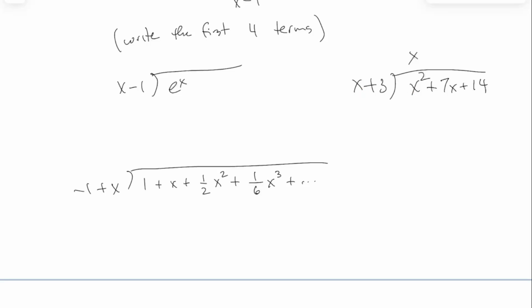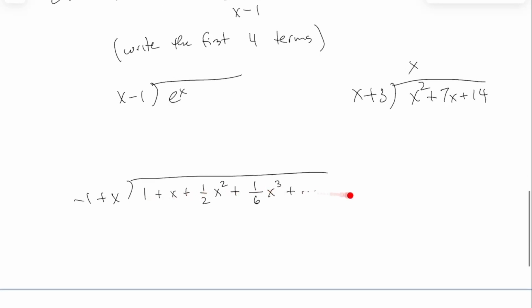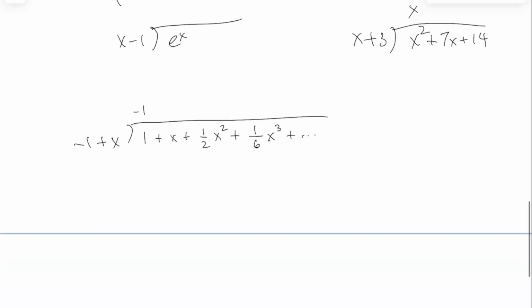All right. Because of the way the power series works, you have to write it the other way around. You have to start with the constant term because there is no top degree that you can start at. And so I wrote both of them as starting with the constant term. And then what goes right here is -1 because that's what it takes to match this constant term with this constant term. All right. And then we multiply down. So to continue the long division, you multiply this thing by that and write it underneath.